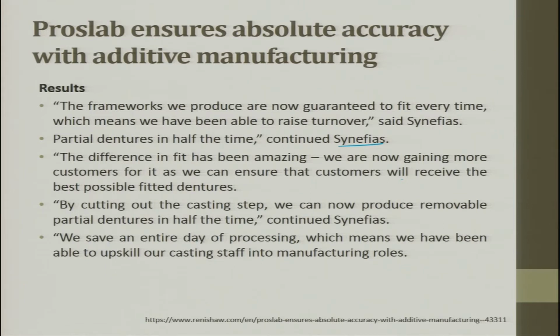We save an entire day of processing, which means we have been able to upskill our casting staff into manufacturing roles. So our process is reduced, the production time is reduced, the delivery time has reduced a lot, and you are able to produce and deliver sound products.